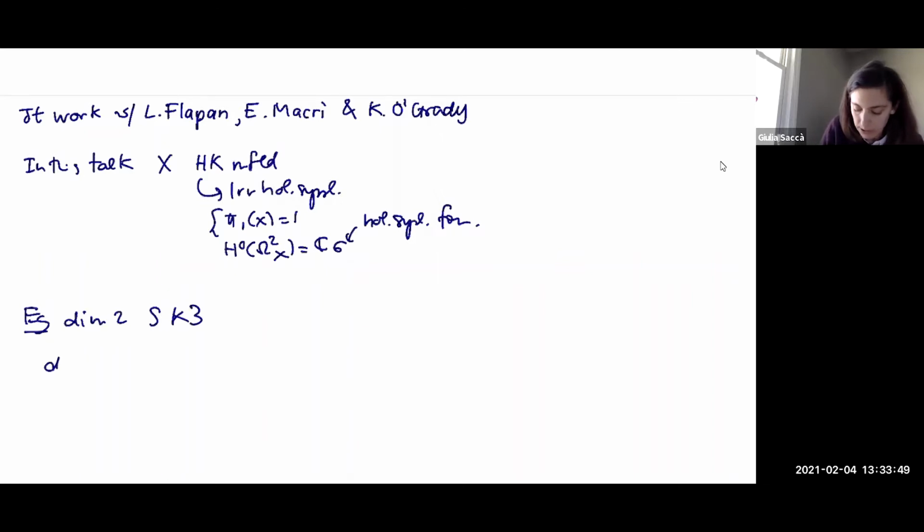And in higher dimension, and these are mostly the examples we'll be concerned with, 2n, we have Hilbert schemes of points.